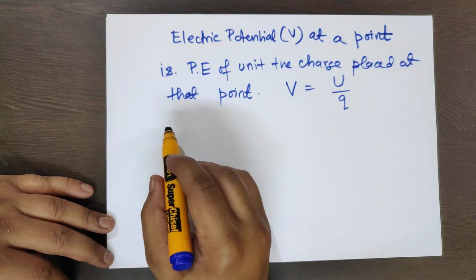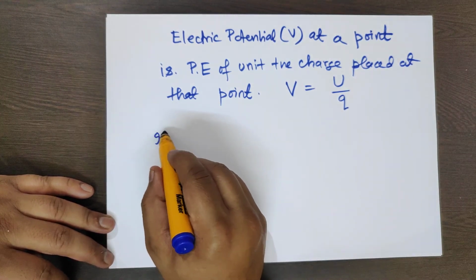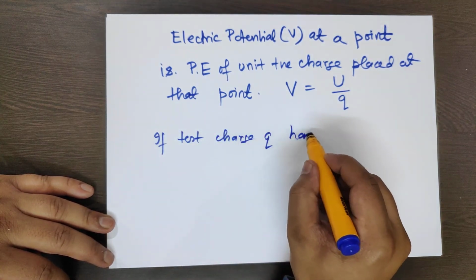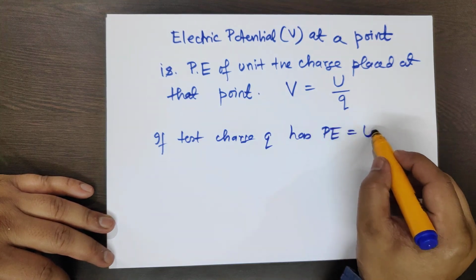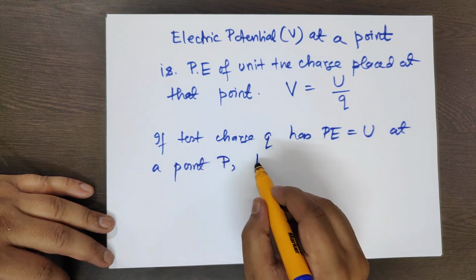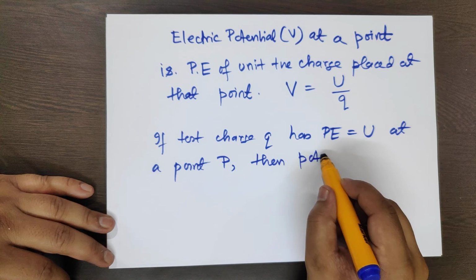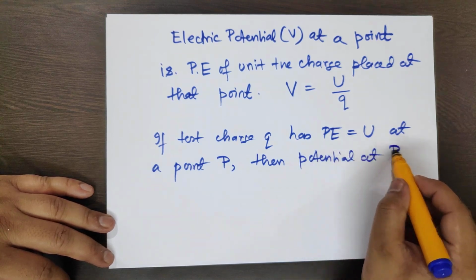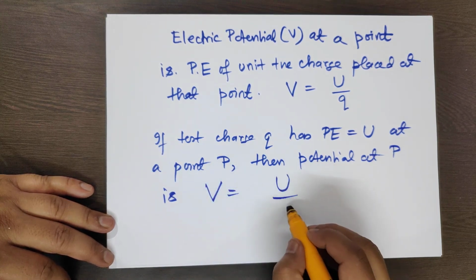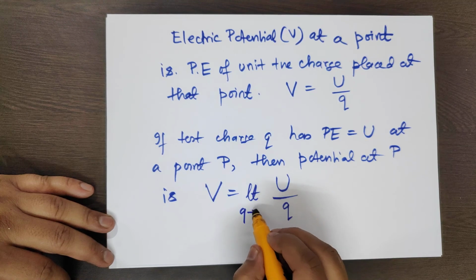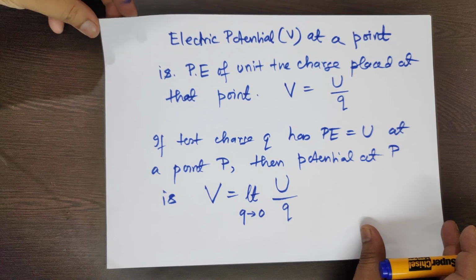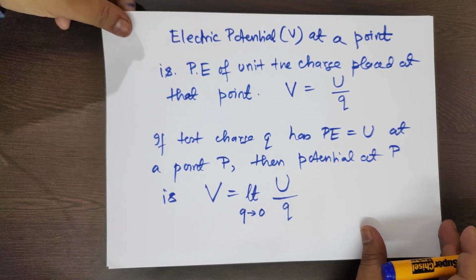So, another way to define it is that, suppose a test charge Q has potential energy equal to U at a point P, then the potential at P is given by V equal to U divided by Q. Obviously, in the limit Q tends to 0.